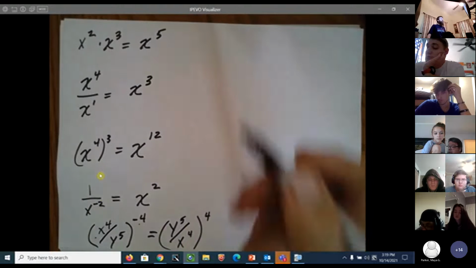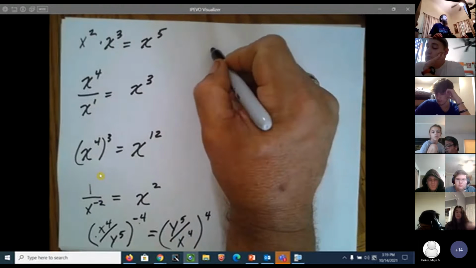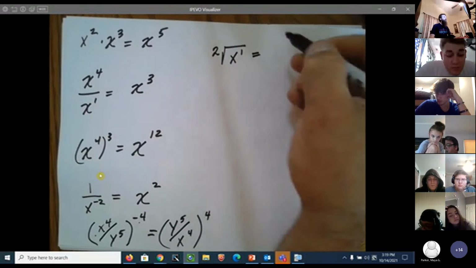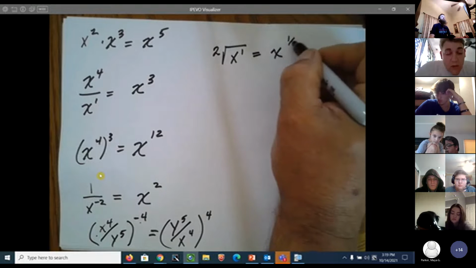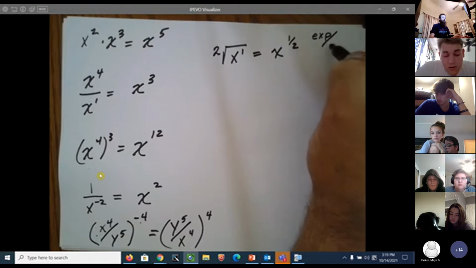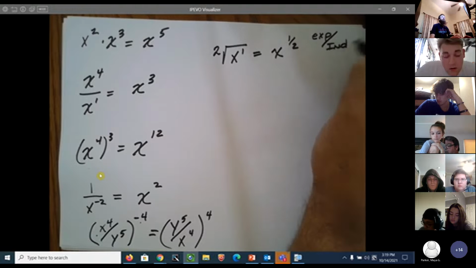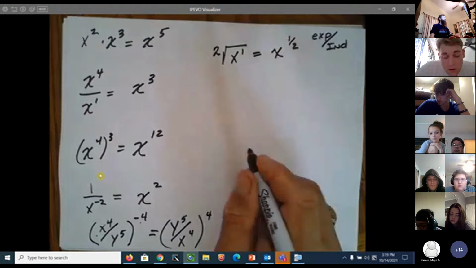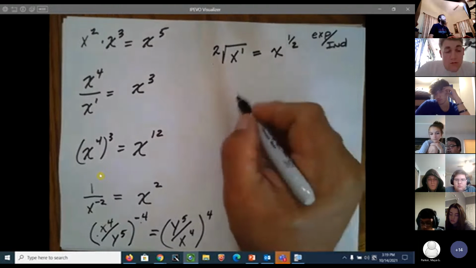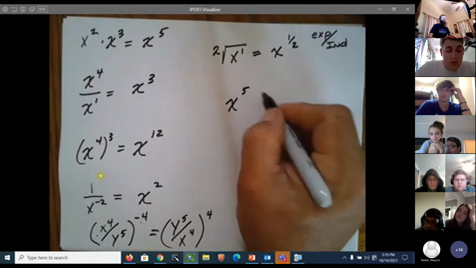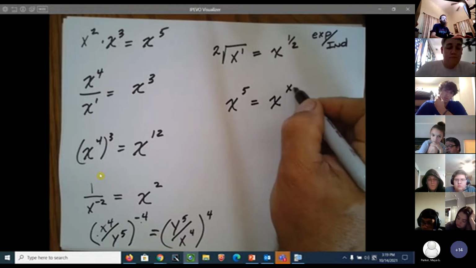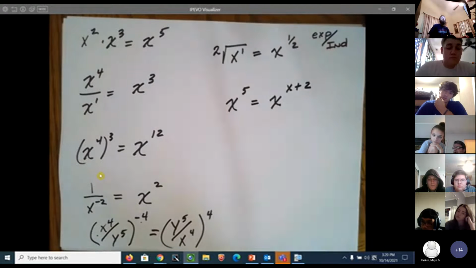There's one more, and that is the square root of x to the first power is equal to x to the 1/2. You put your exponent over your index. And one more, and I show this one usually when we get to logarithms. X to the 5th is equal to x to the x plus 2.